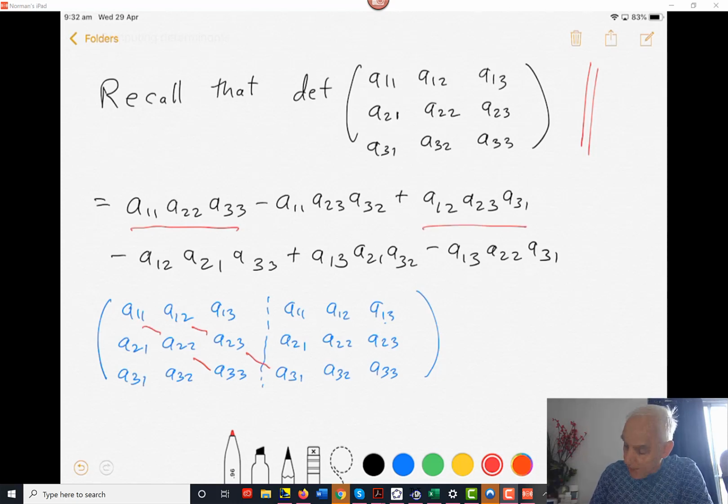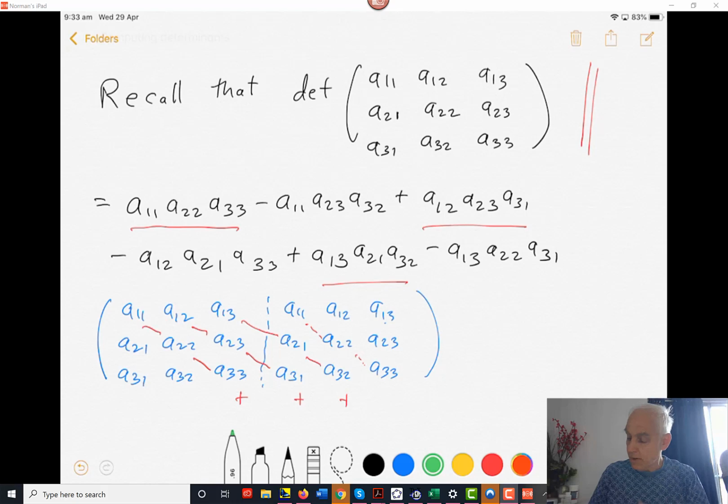And then if we go A13, A21, A32, that corresponds to this term. So we're getting all the positive terms with these diagonals going down to the right. Now if we kept on going, to A11, A22, A33, well then we'd just be back to where we started, so there'd be nothing new. So there's really only 3 independent diagonals of this bigger augmented matrix in this direction.